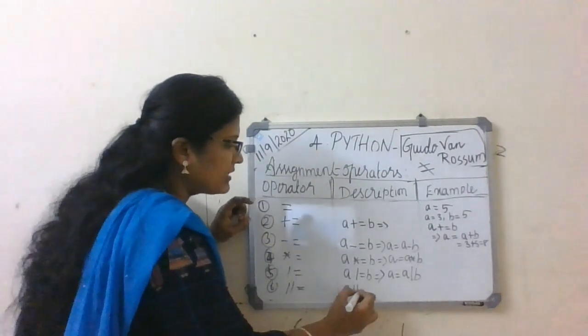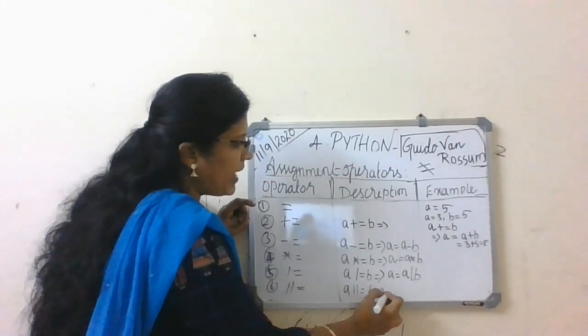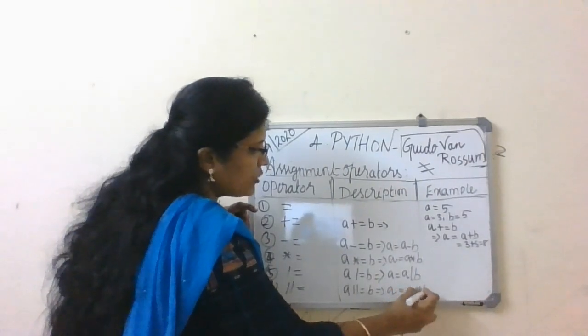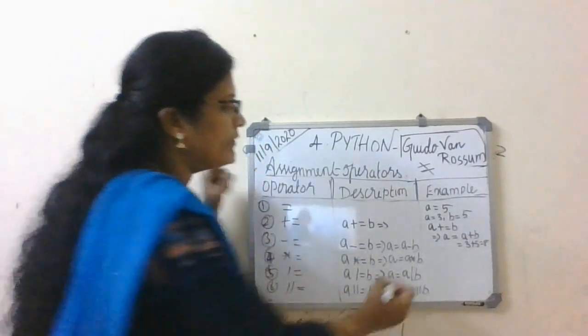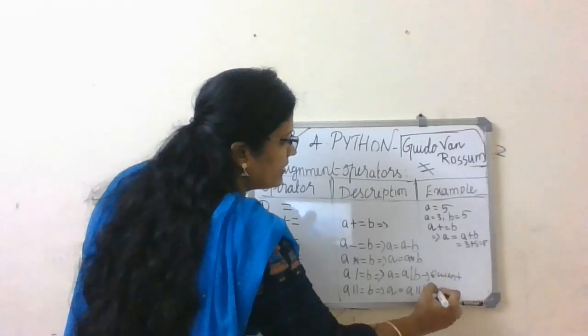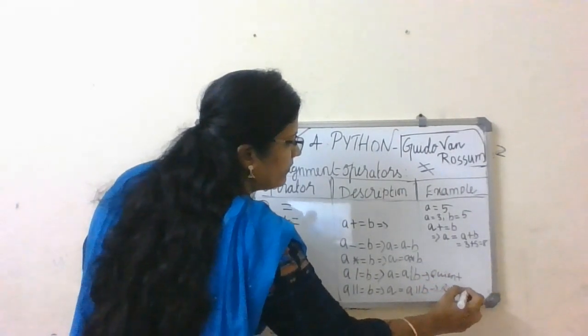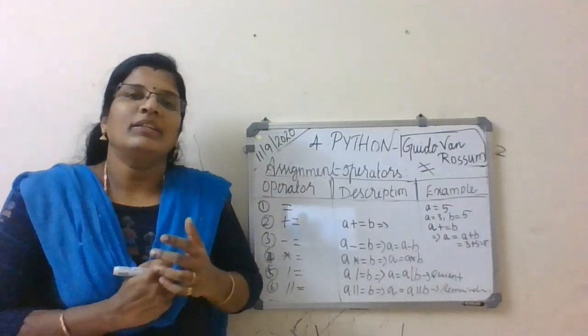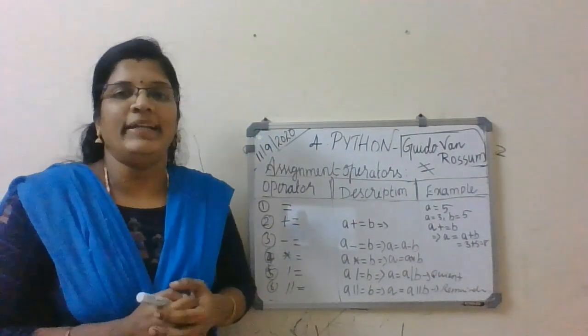So A double slash is equal to B implies A is equal to A double slash B. So here it gives quotient and it gives remainder. Got it? These are the assignment operators.